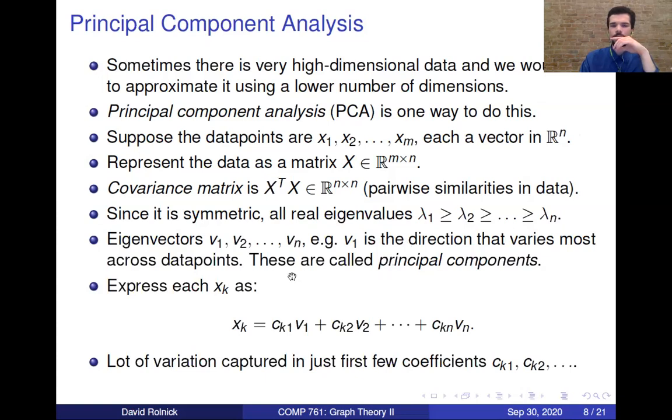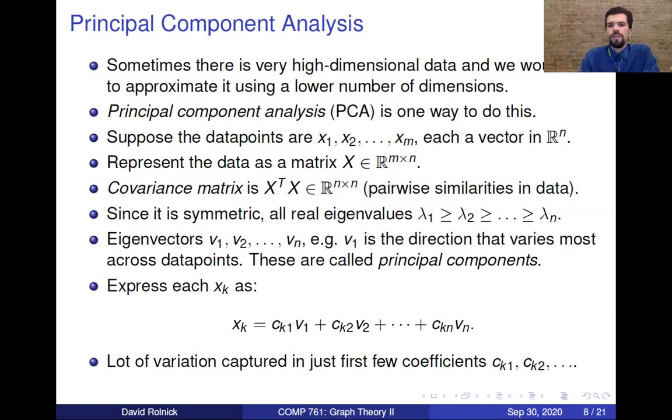Since this matrix is symmetric, it has all real eigenvalues, and the eigenvectors of the matrix are going to be all... We didn't talk about what happens if two eigenvalues are the same, but as I mentioned, you can always have n different pairwise orthogonal eigenvectors.